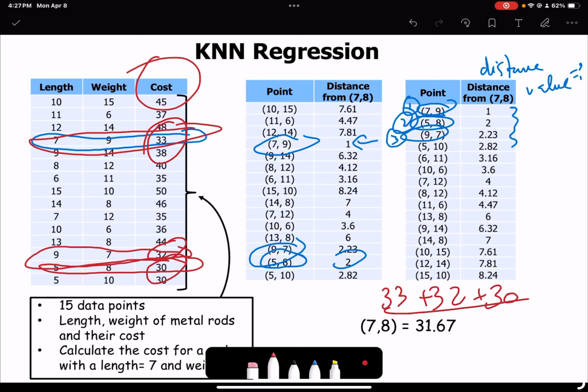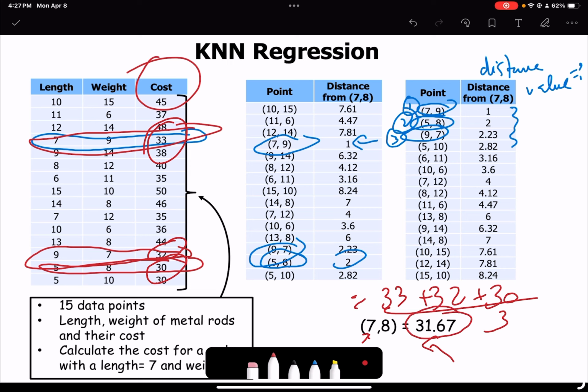We sum this up, divide by 3, take the average, and this comes out to be 31.67. So the estimated cost of this unknown metal rod, with a length of 7 and weight of 8, would be 31.67.